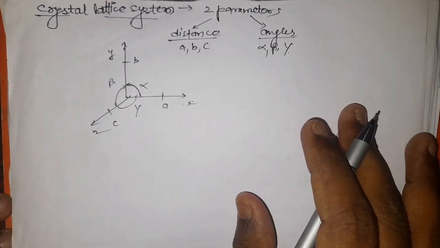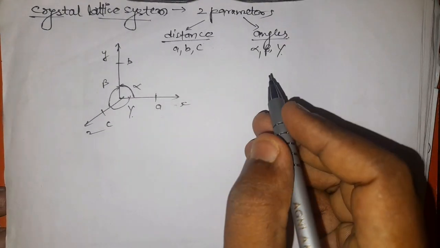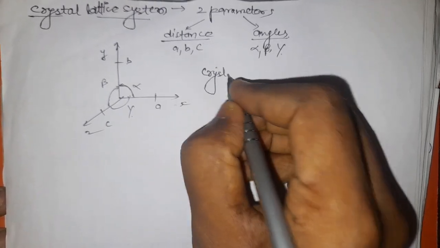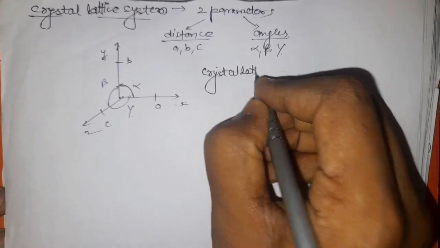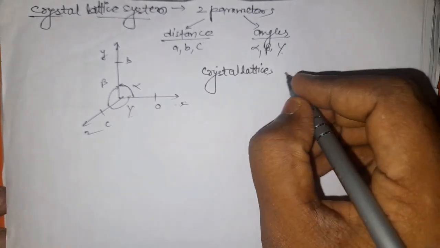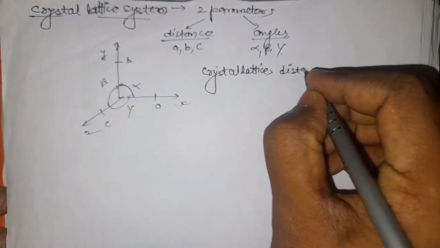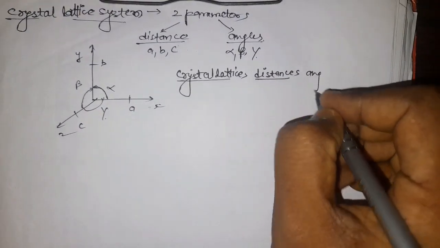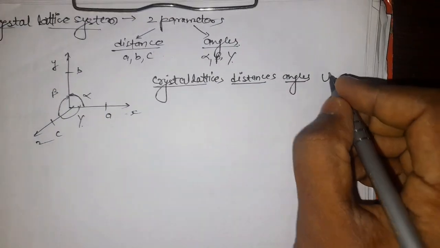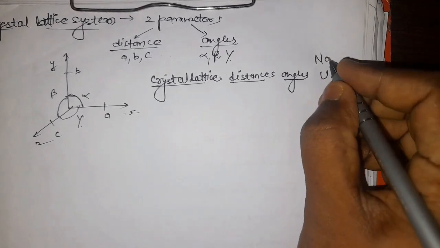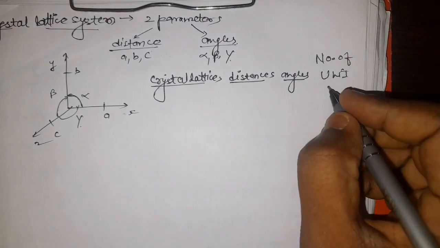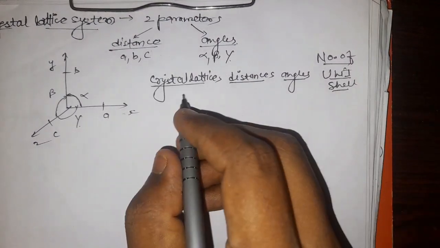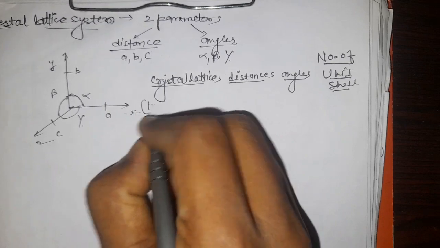Okay, now move to another part, which is the important part that we have to remember, about the crystal lattices and the distances between their atoms. Third is the number of unit cells between them. Okay, there are different kinds of crystal lattice.